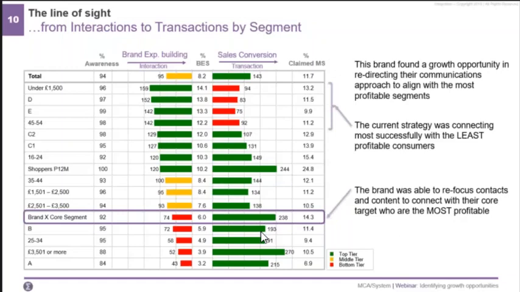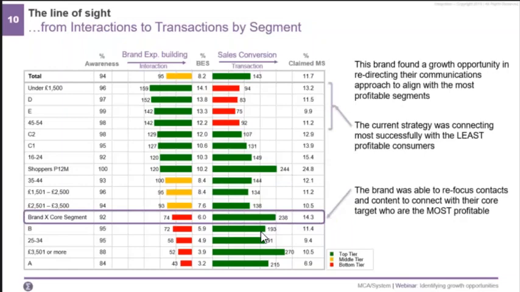But most interestingly, when you then look at how that varies by type of consumer, so the graph is then showing you a whole series of breakouts by income, by socioeconomic group, by shopper types and so on, then you see that there is something very important for the brand to understand, which is that there is a misalignment between the people that they are communicating with versus those that they are more likely to sell to.